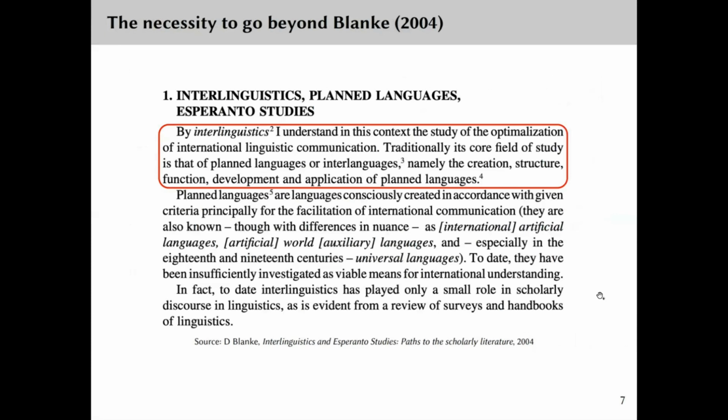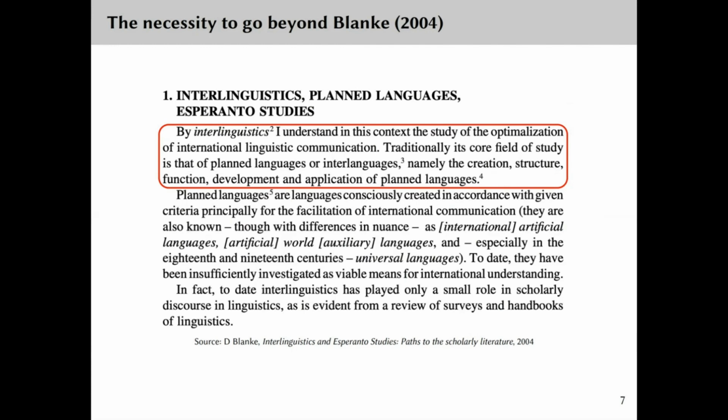So, interlinguistics is the discipline, the branch of linguistics dealing with constructed languages. Traditionally, Detlef Blanke, for example, who has been one of the most influential scholars in interlinguistics of the past century, defined in one of his latest publications, in 2004, an overview of the literature. This Interlinguistics and Esperanto Studies part of the scholar literature is already more than 20 years old.